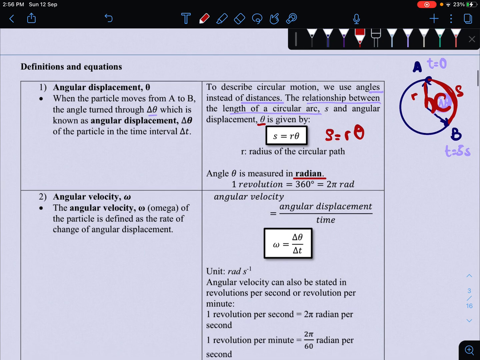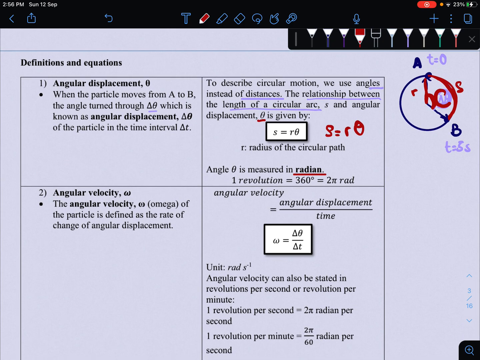Okay, so the angular displacement is measured in radian, where one complete cycle here is what we call one revolution. So one revolution means one complete cycle, and we know that one complete cycle has 360 degrees, or we also know that it has 2 pi radian.